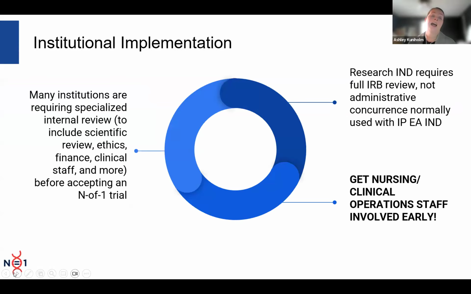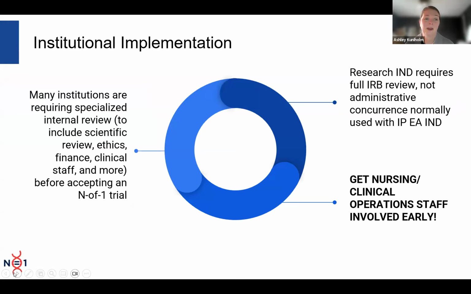Okay. And I'm touching briefly on institutional implementation because as much as the scientific data and generating all of those experiments takes a long time, getting an entire hospital to agree to doing this also takes quite a bit of time. This is becoming more and more popular. So many institutions are requiring specialized internal review.